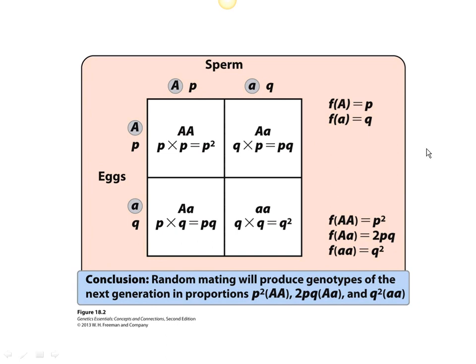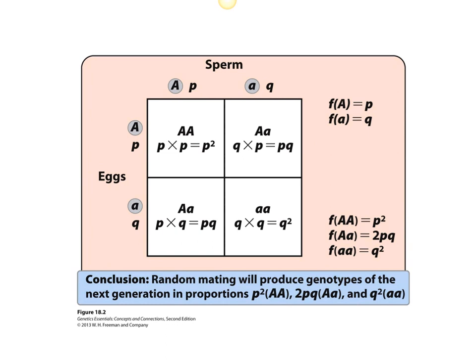Another rule, other than defining these variables, is that p, the frequency of the dominant allele, plus q, the frequency of the recessive allele, has to equal 100%, assuming there are only 2 alleles for the locus. And we're going to deal only with simple scenarios where there are 2 alleles for the locus, a dominant and a recessive.